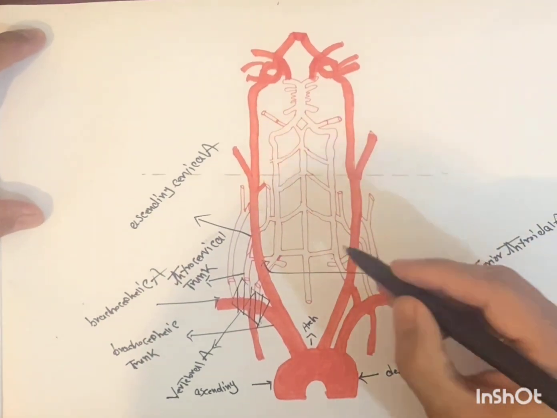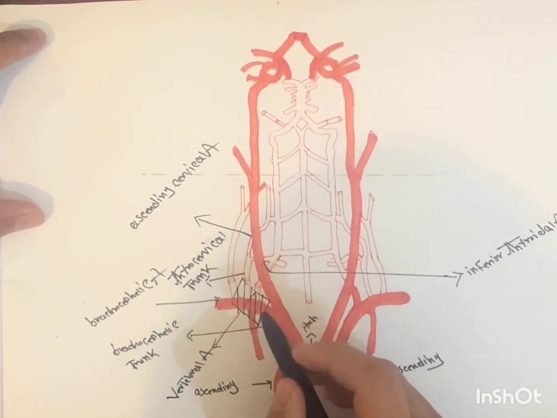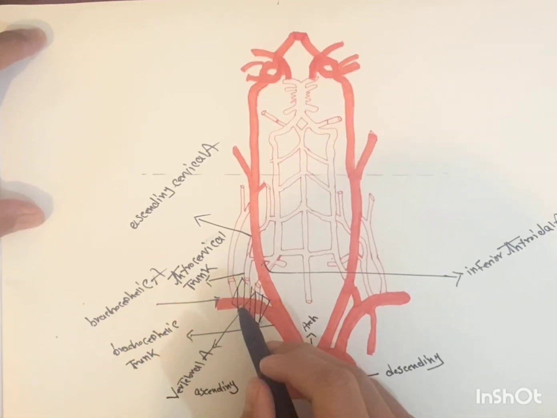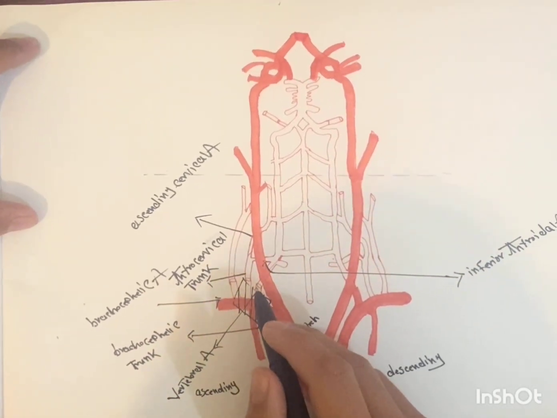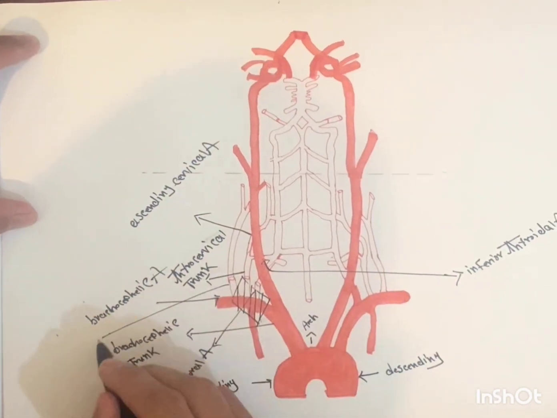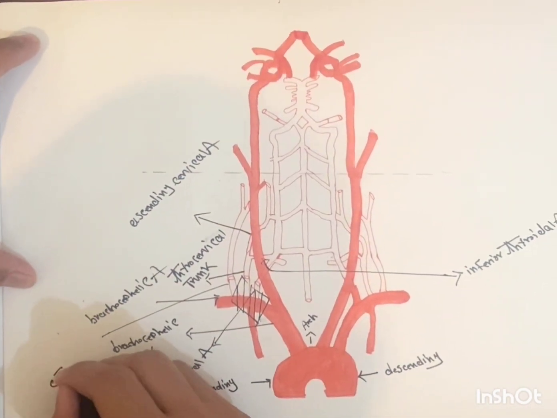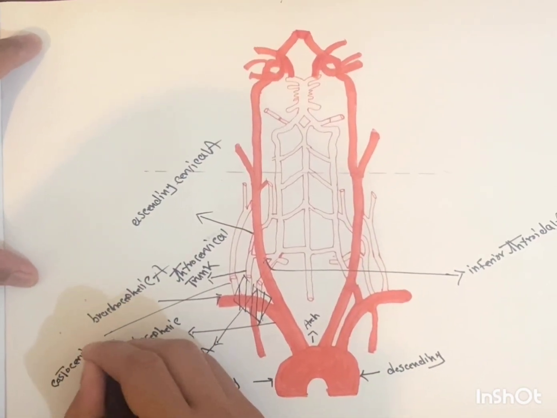Then this is the second artery originating from the subclavian artery. The third artery originating from the subclavian artery is called the costocervical trunk.